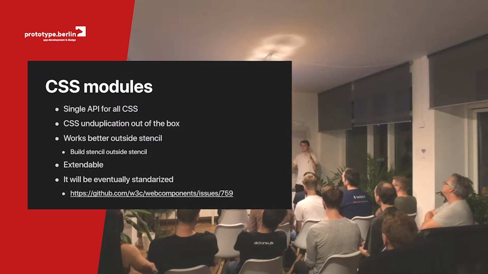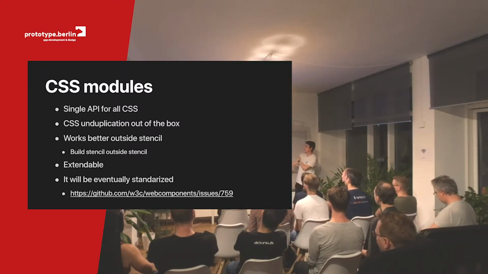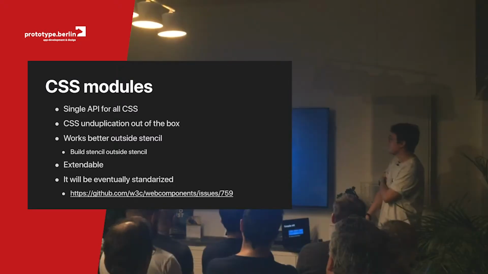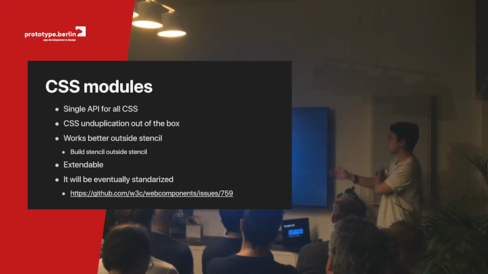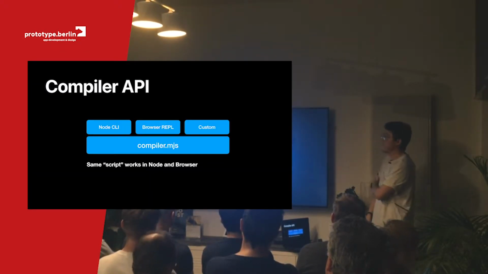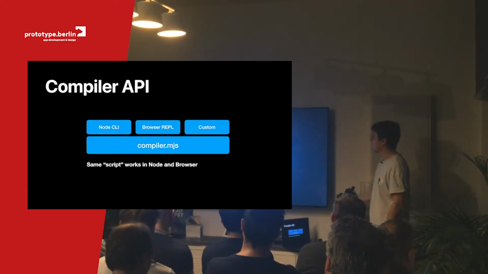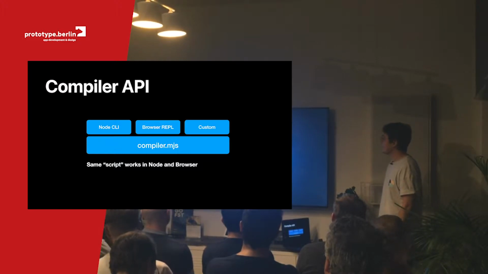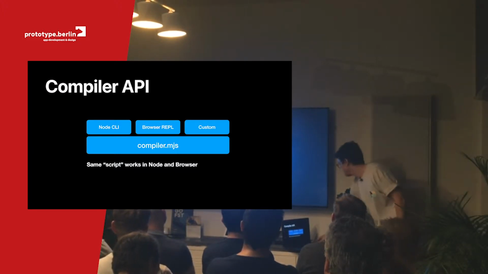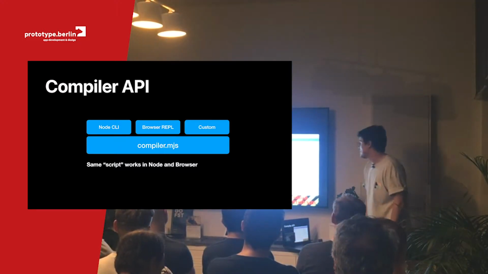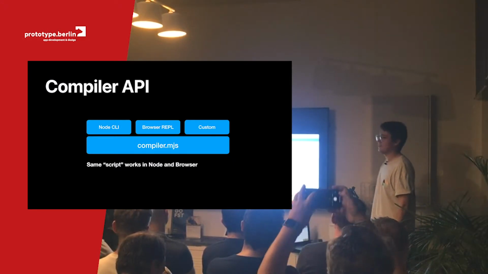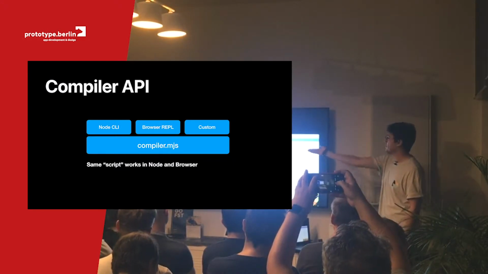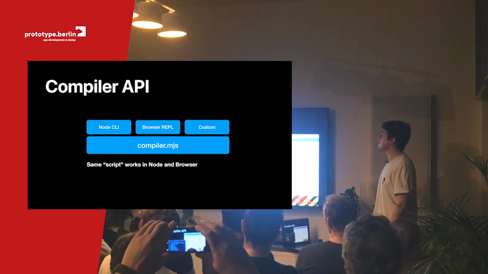A constructible style sheet is an API that the browser has, so you can parse and have the representation of a CSS just once in memory, and then you can use it in different places across different shadow DOMs or different components. So even if this global stylesheet is huge and you use it in 100 different components, it's just going to be once in memory. So this is really efficient.